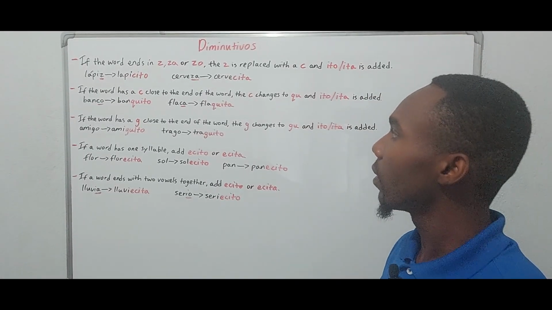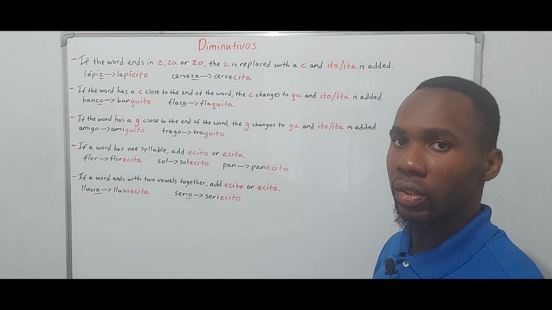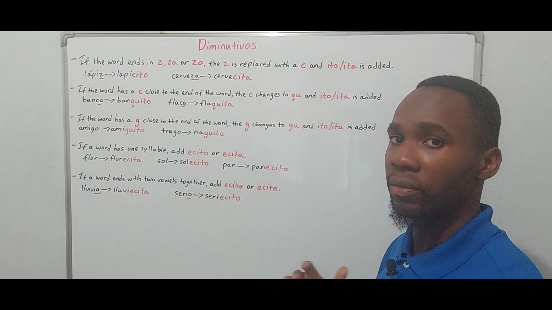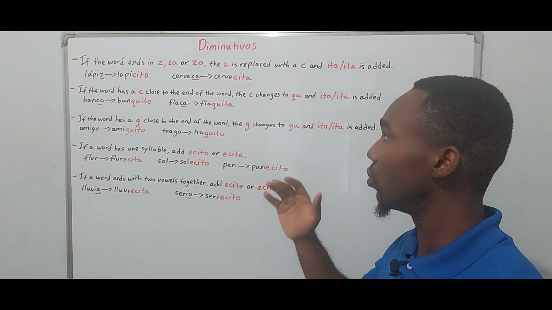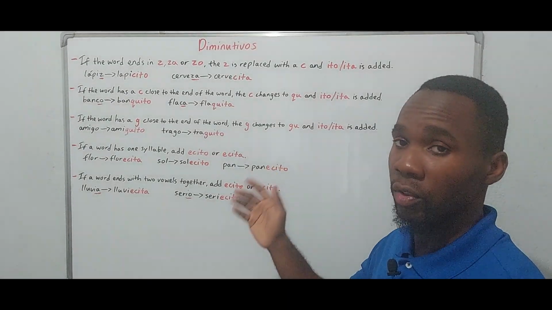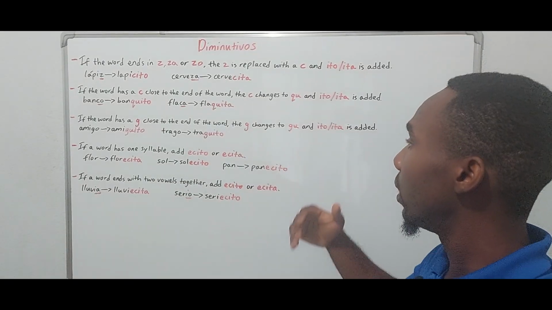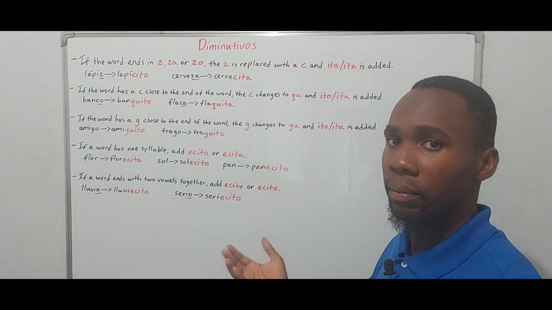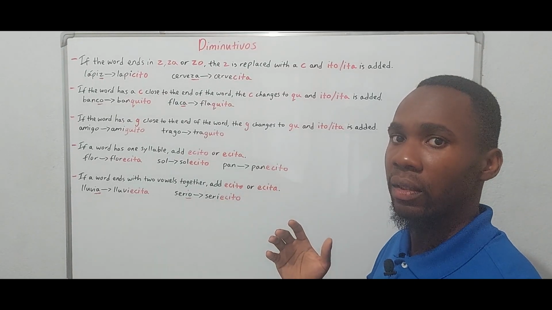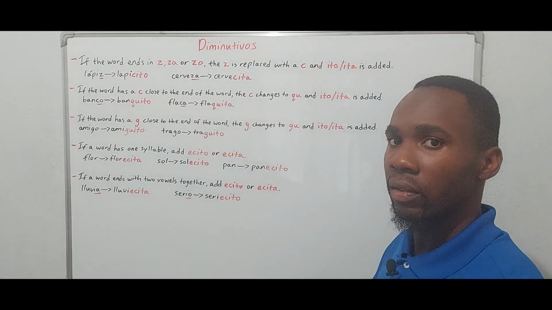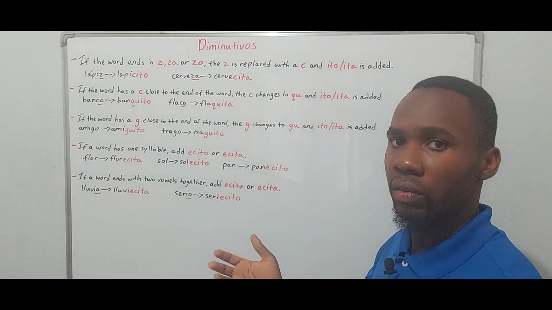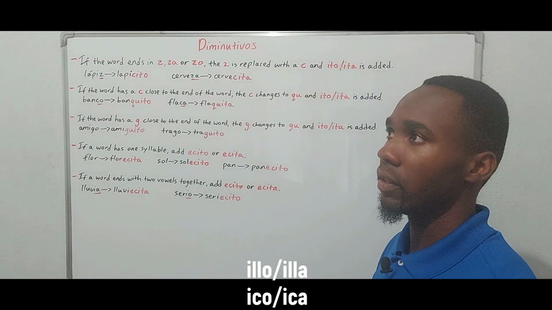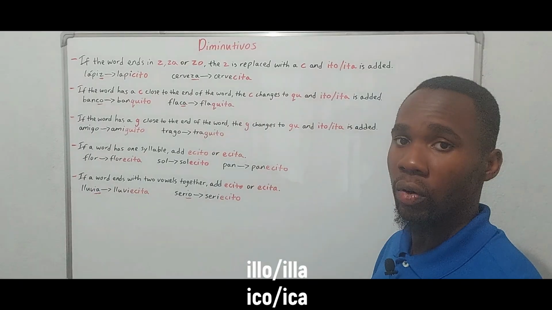Muy bien. A few points to note. Depending on where you are in the Spanish-speaking world, you may hear some variation when it comes to the suffix. Normally, we use ito, esito, or cito, or cita, but in some countries, io, ia is used, or even ico or ica.